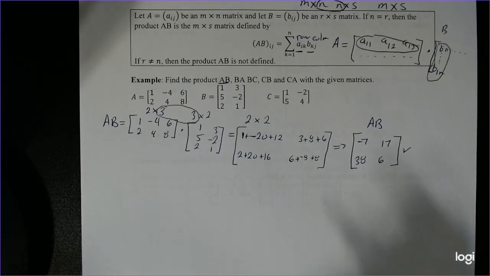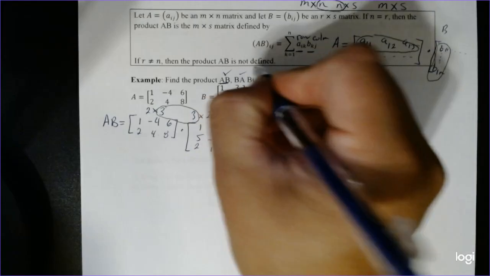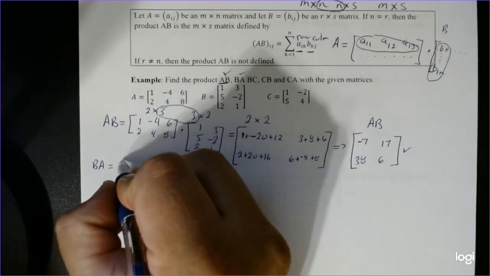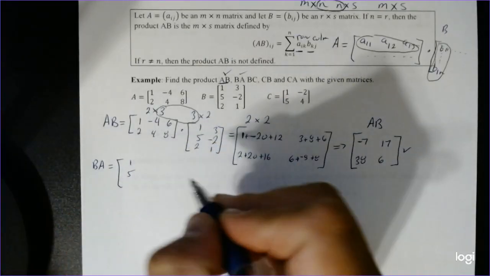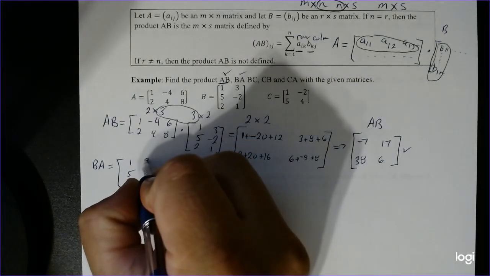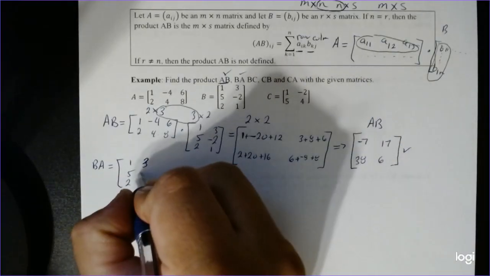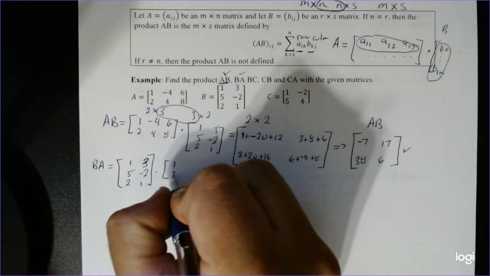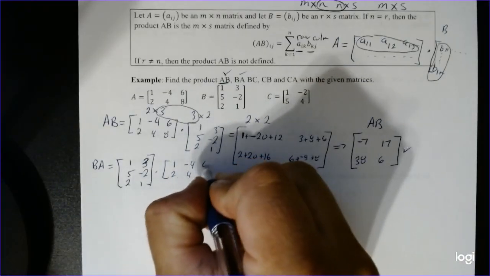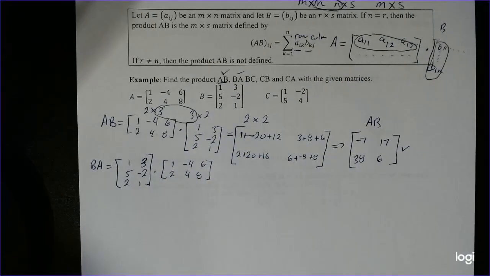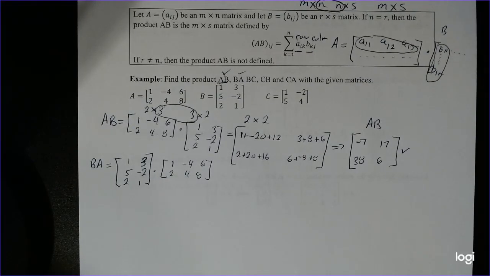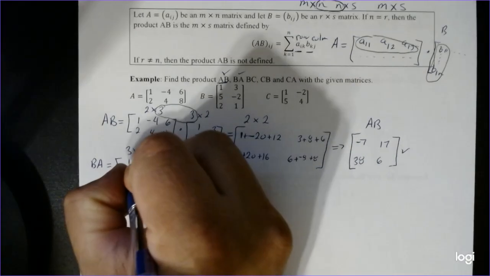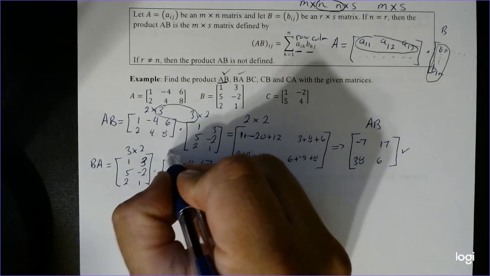Okay, so now we're going to do the opposite, BA instead. Okay, so this is a 3 by 2, and this is a 2 by 3.